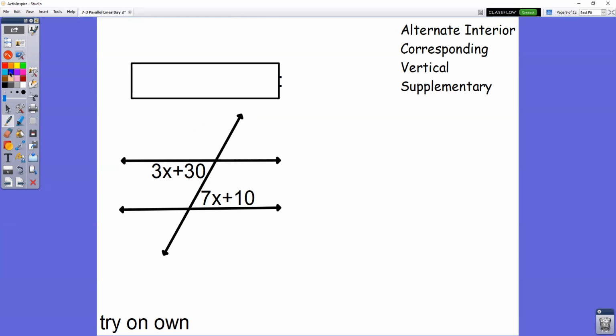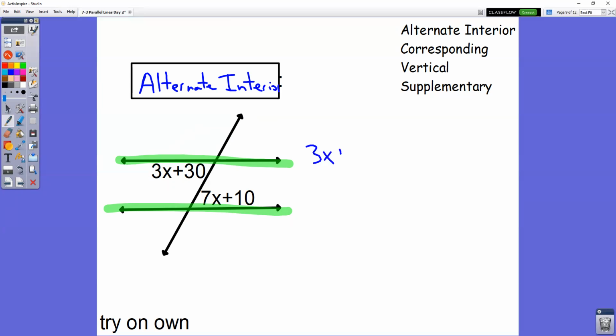So these two angles are inside the parallel lines in opposite corners. Therefore, they are alternate interior angles. Alternate interior angles are equal to each other. We also know that they're equal to each other because they're both acute angles.